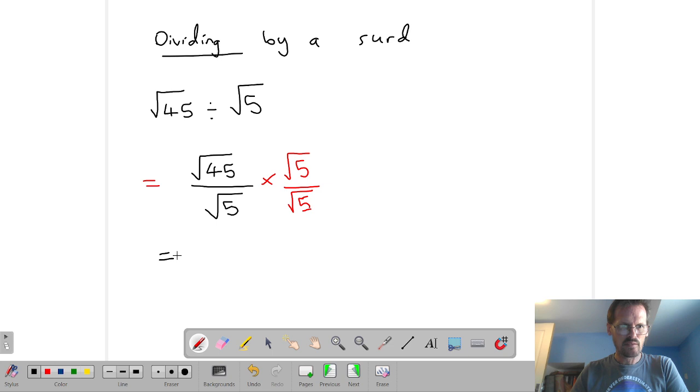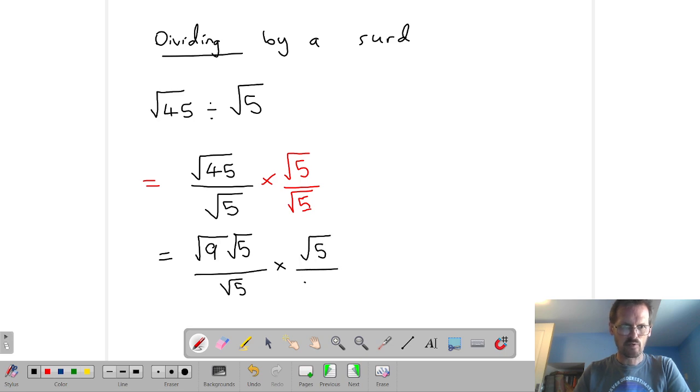Now, root 45, I'm going to simplify the root 45 first to make the multiplying a bit easier. That's root 9 root 5 over root 5 times root 5 over root 5. We know that root 9 is just 3, don't we?